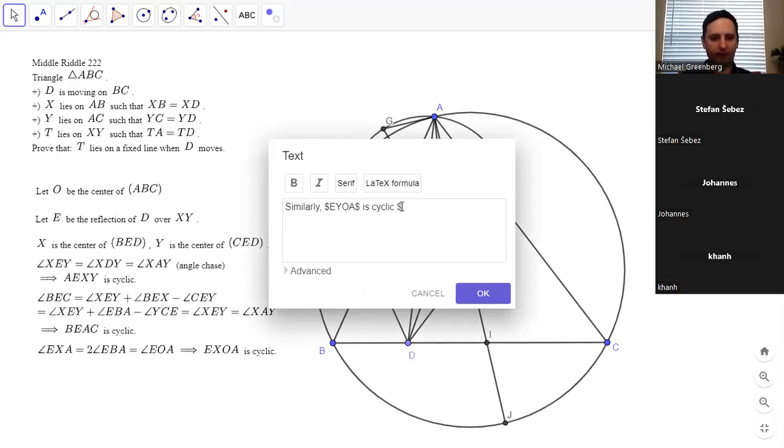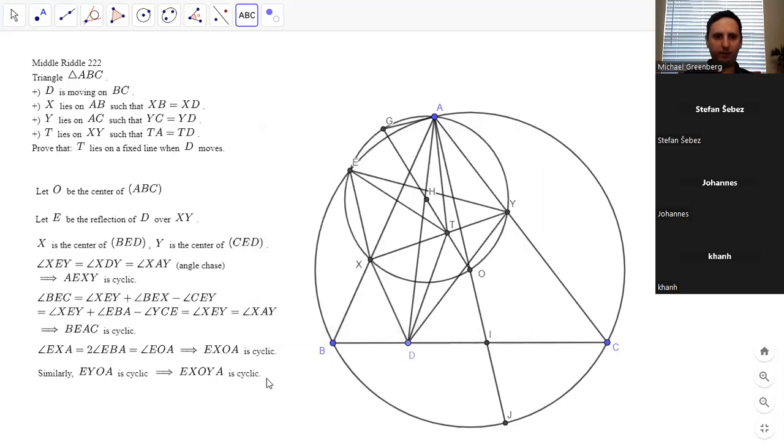And that means EXOYA is cyclic. And then once we know that, let OT meet that circle at G.